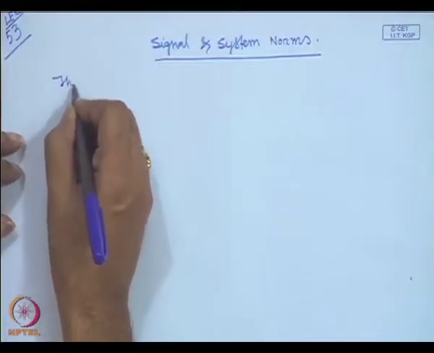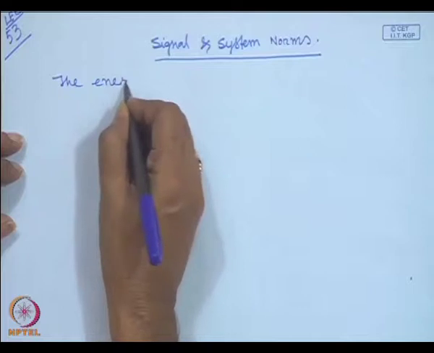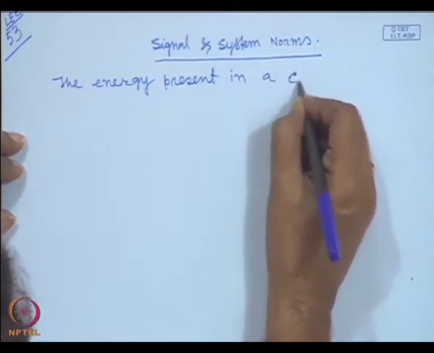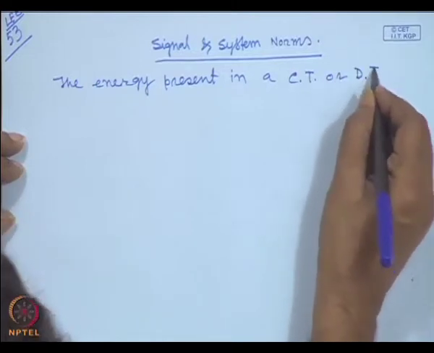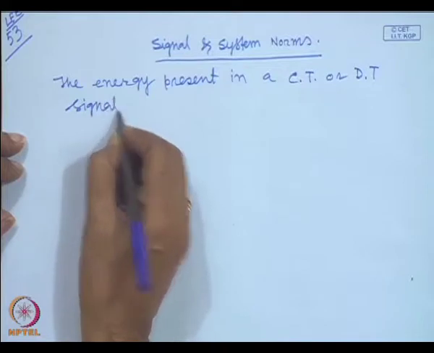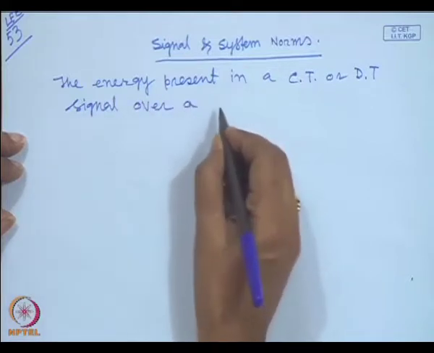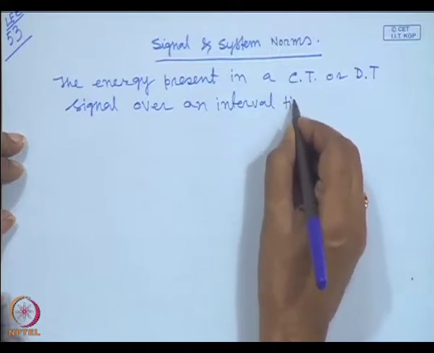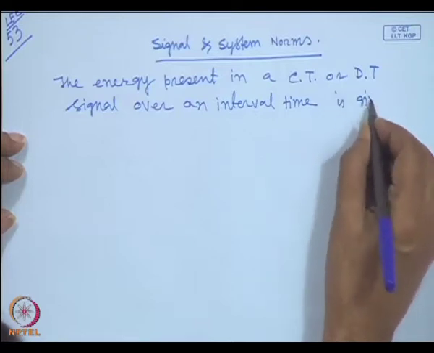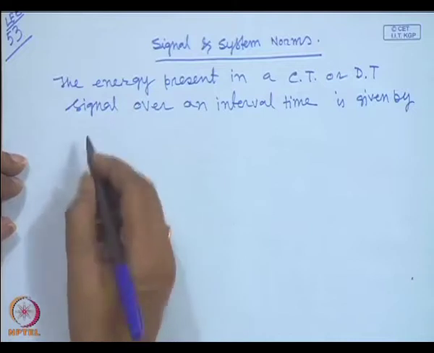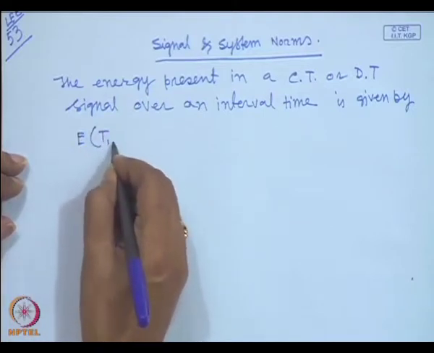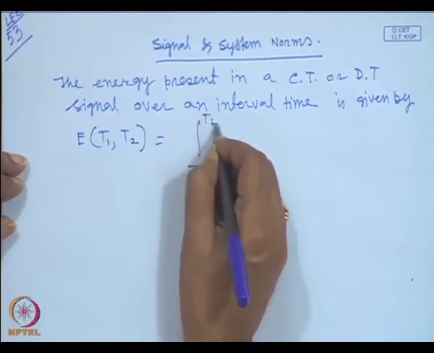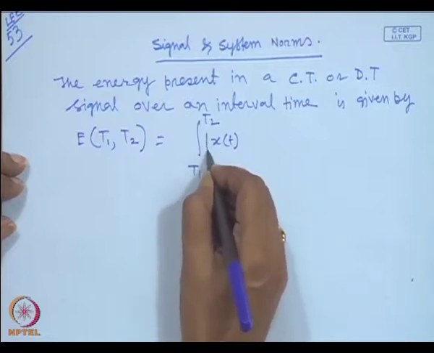So, the energy contained or present in a continuous time or discrete time signal over an interval of time is given by E over the interval T1 to T2, where T2 is greater than T1, is the integration from T1 to T2 of mod of x of t squared.